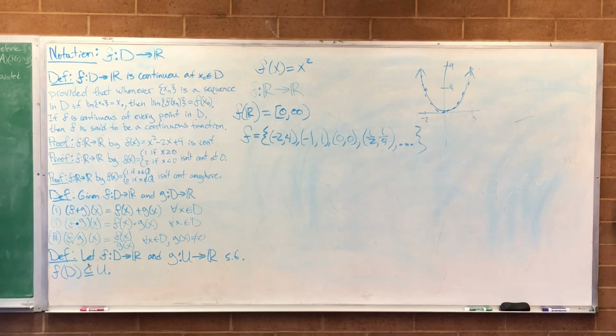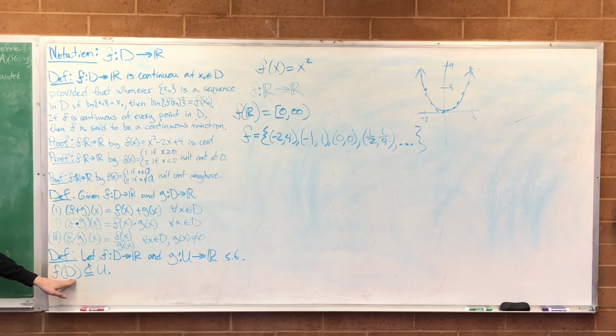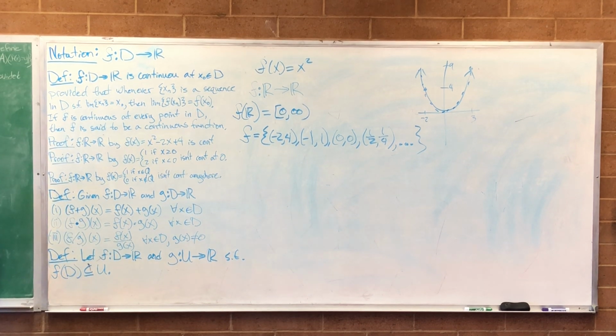So we're saying, if I have functions f and g, when I plug in my whole domain to f, all the possible values I can get out of this function are a subset of the domain of g.